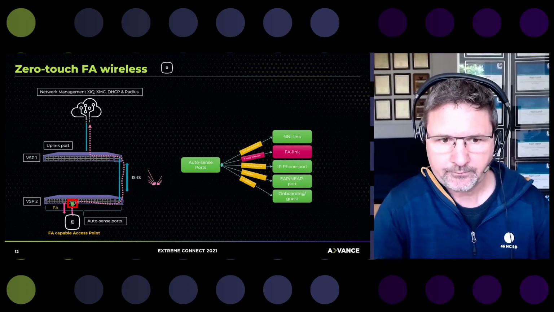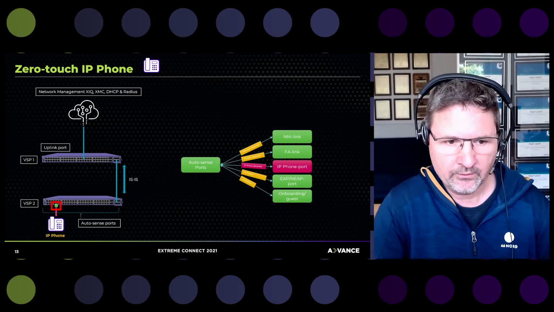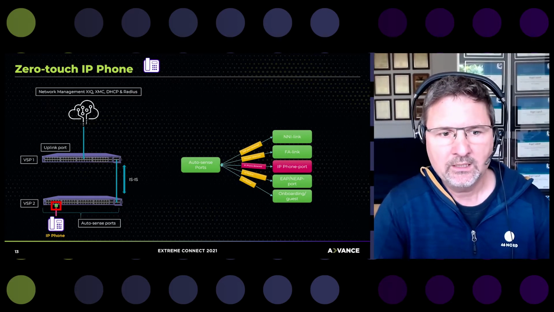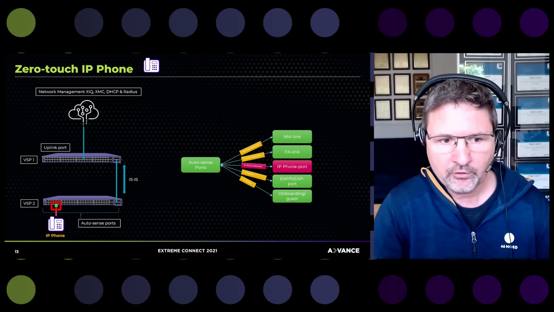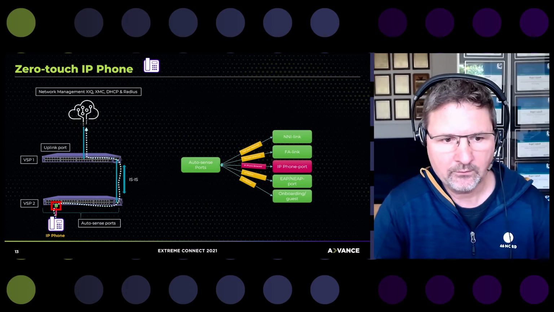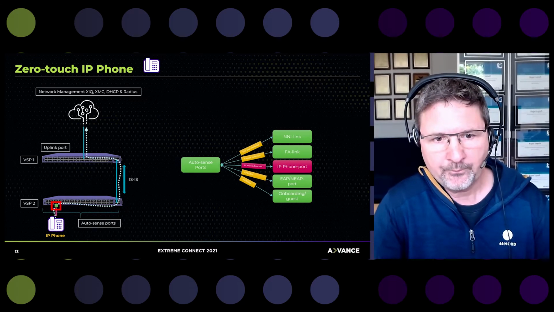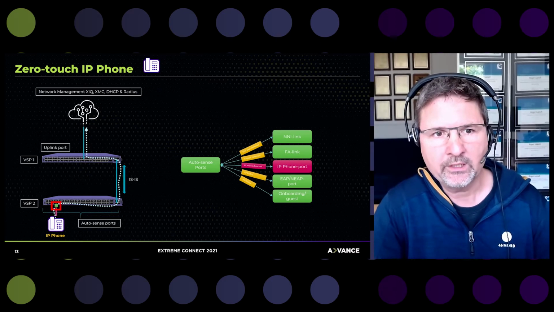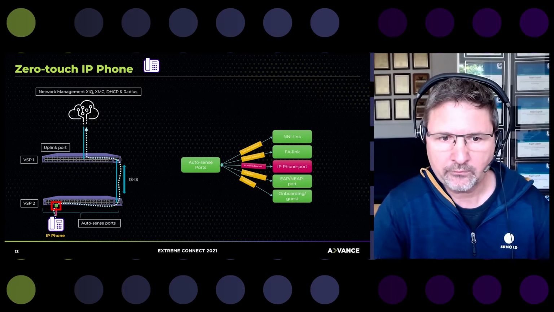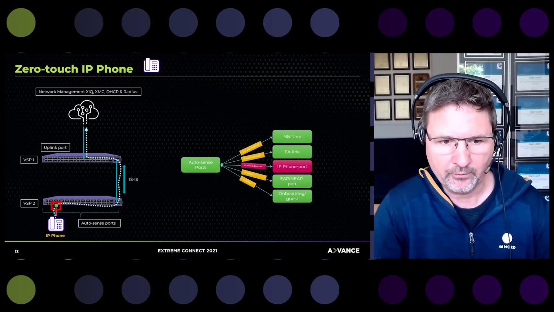If I connect the phone, same there. Through LLDP, we detect there is an IP phone connected. Then we would deploy voice configuration to this port. Once the voice configuration is pushed down and signaled to the phone, the phone can then connect to whatever call server it needs to, or this voice connectivity service that has been pushed down to the phone.